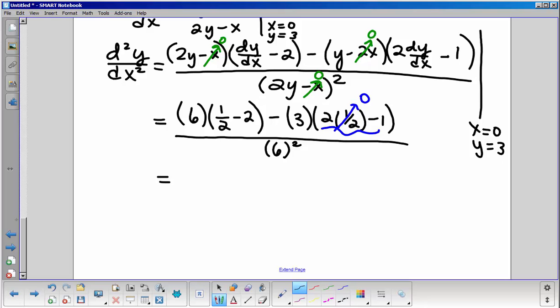Okay, this right here, is this negative 3/2? Negative 3/2. Well, we could cancel one of the 6's before we go, right? Because this is already gone.